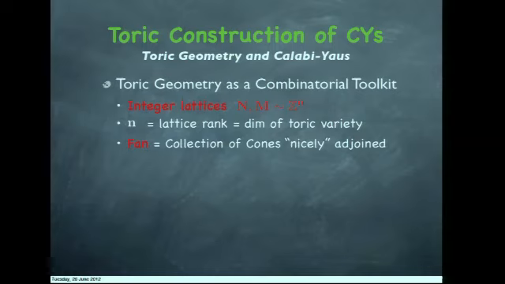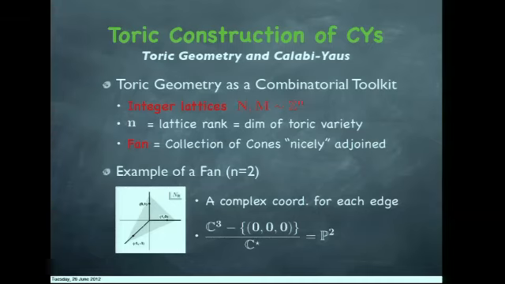Instead of giving a full description of how this works, let me just give an illustrative two-dimensional example. So this is an example of a fan in Z2. There are three two-dimensional cones shaded here, and also three one-dimensional cones or edges as these thick half lines.